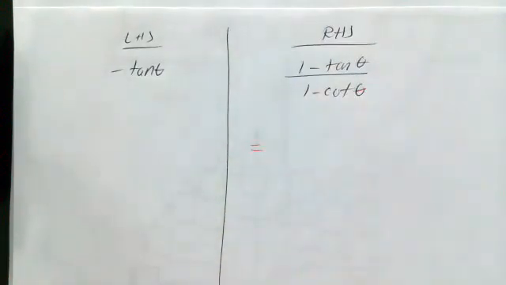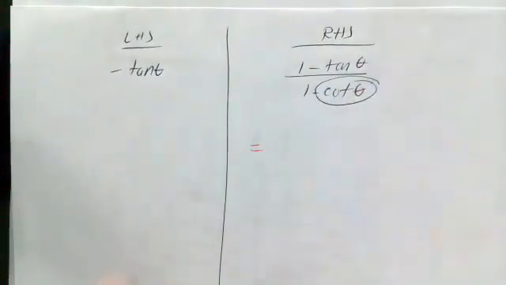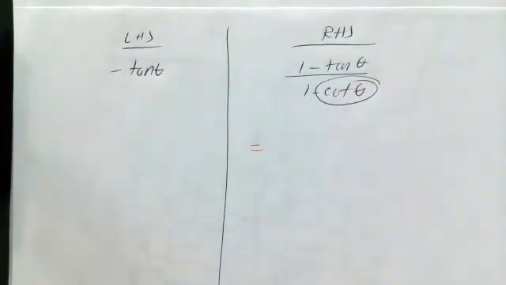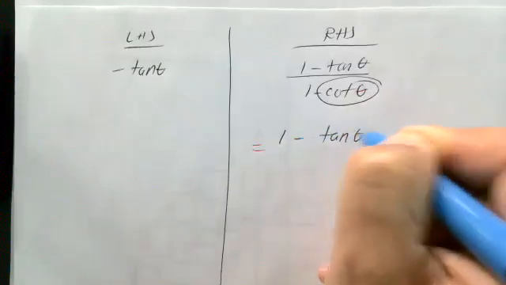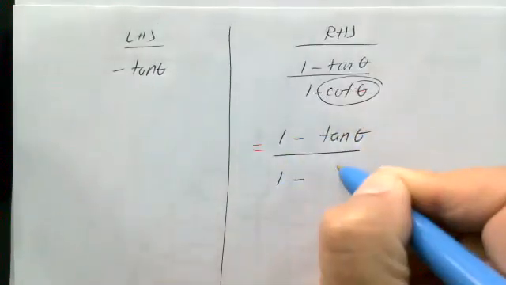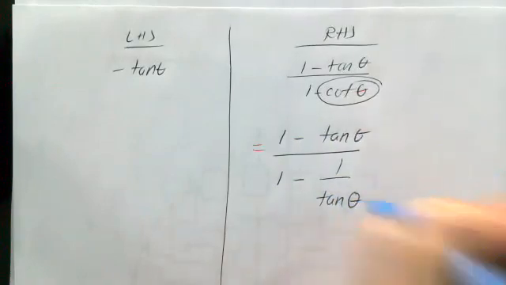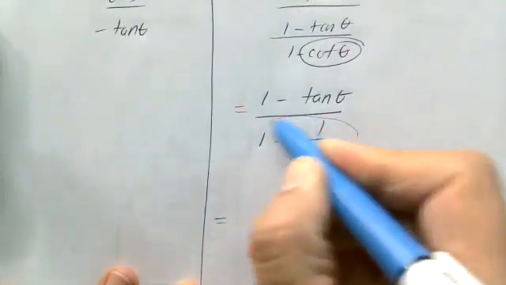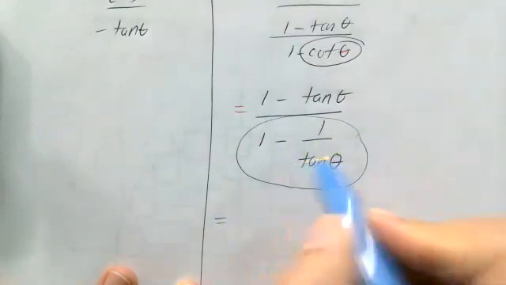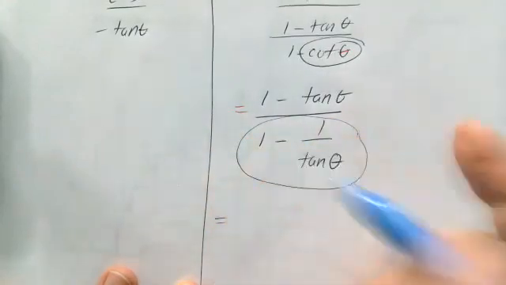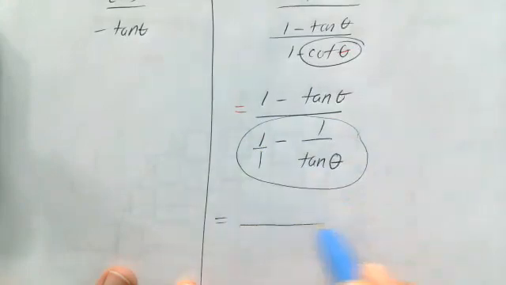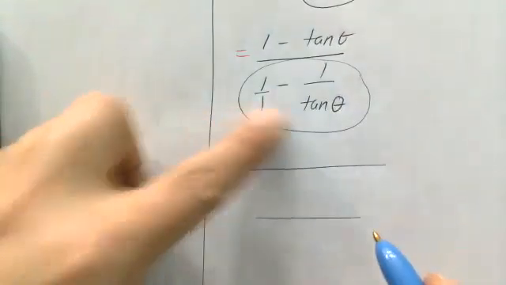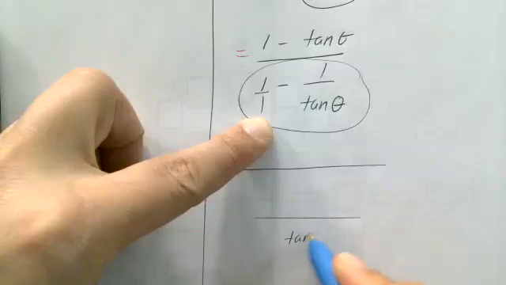So let's start with changing the cotangent of theta into 1 over tangent. And then we're going to focus on the denominator of this bigger fraction and combine these two. Okay, this is 1 over 1. That means I have to find a common denominator, which is tangent of theta.